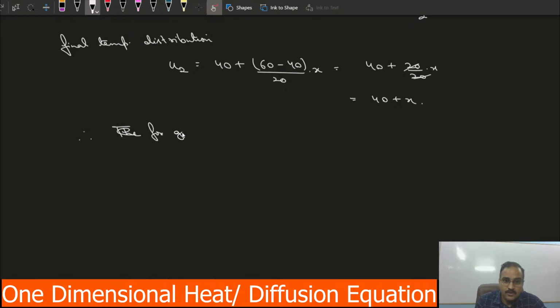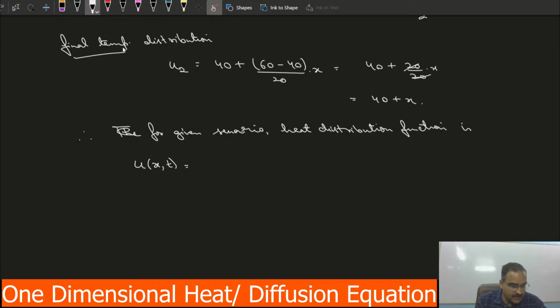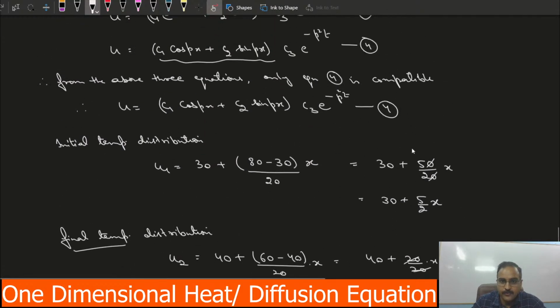Therefore, for the given scenario, the heat distribution function u of x, t is equal to the final temperature distribution, that is 40 plus x, plus the equation, that is equation number 4.